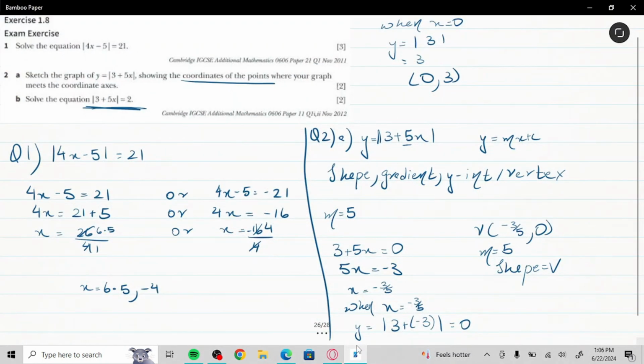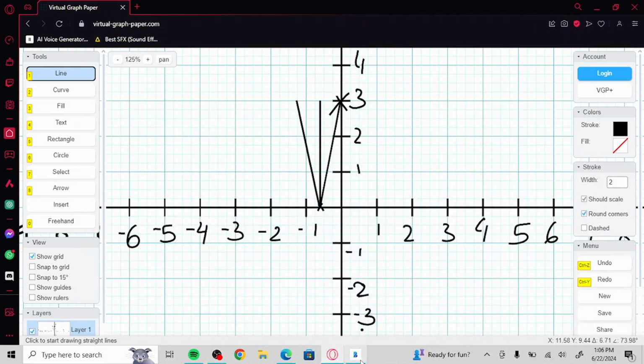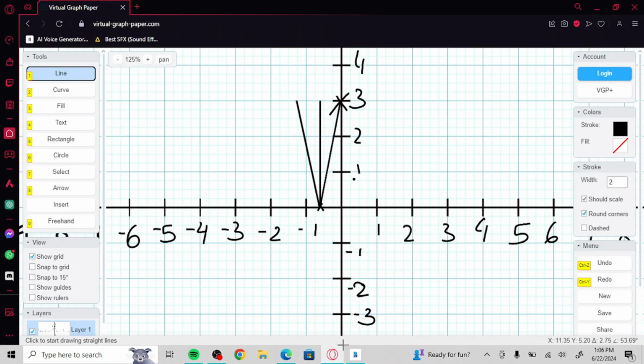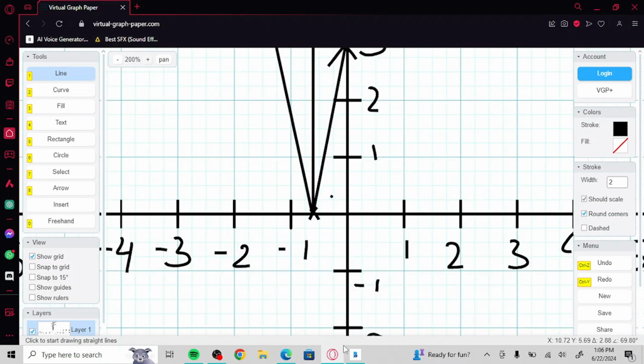What they have asked us next is to solve the equation 3 plus 5x is equal to 2 in a modulus. So I told you before that this 2 value, we are assuming it to be y. And we can absolutely find this through the graph itself. So when y is equal to 2, let me really just zoom in.